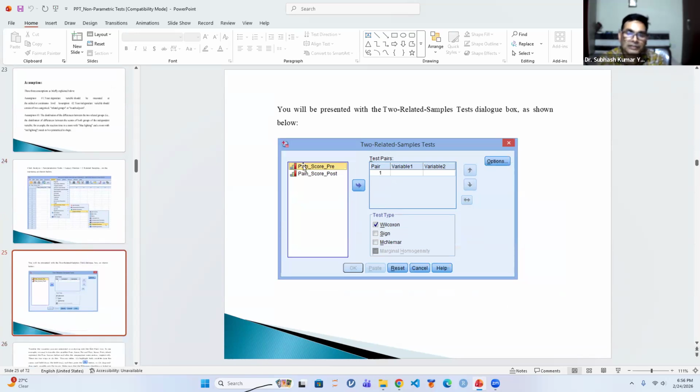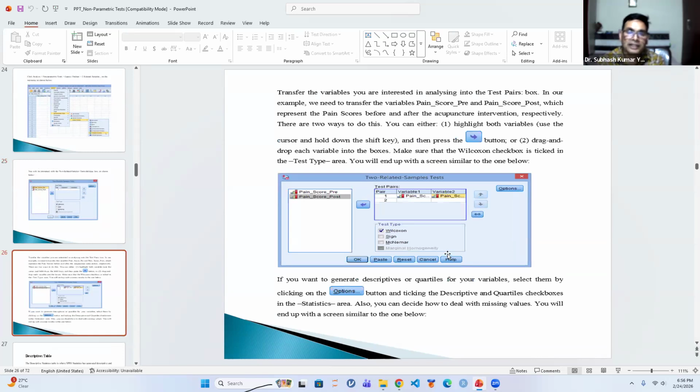You have to click on one variable and click on this arrow. So one variable will be here, another variable will be here. And by default, the tick is there on the Wilcoxon signed rank test. You can also go with the Sign test or McNemar test as well. So you can see here that the two variables have been put here, first and second.